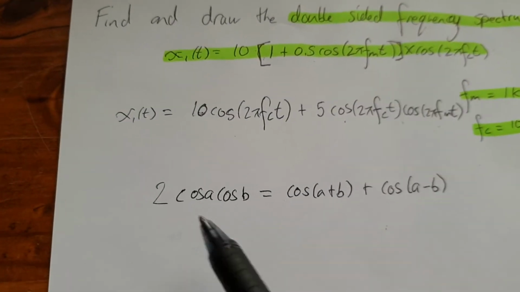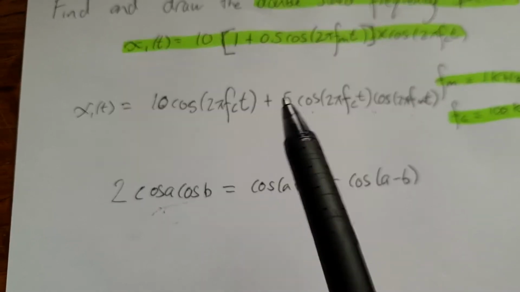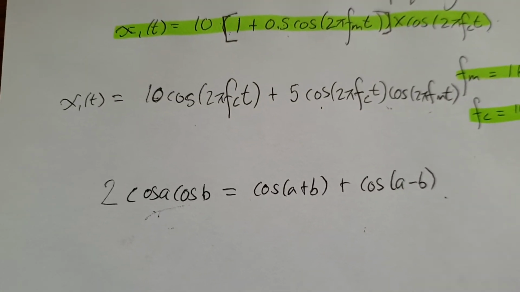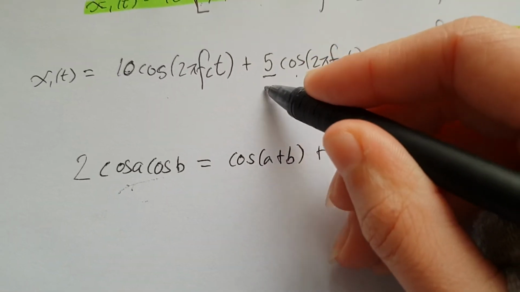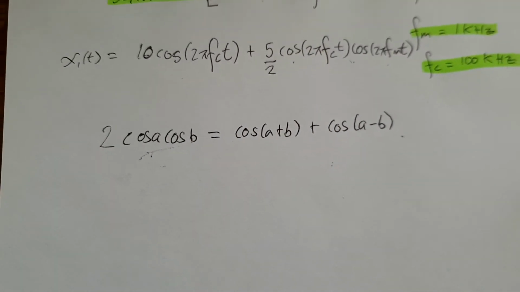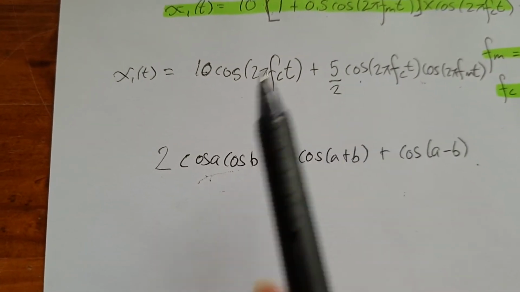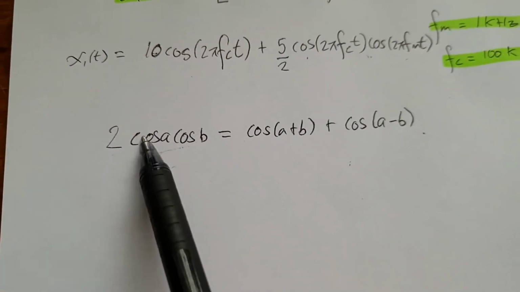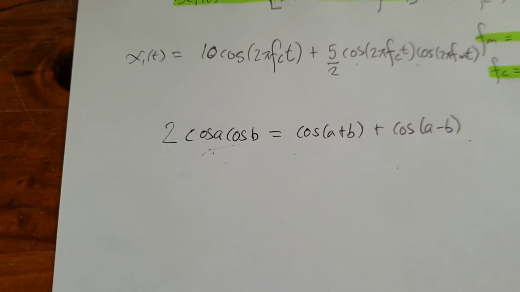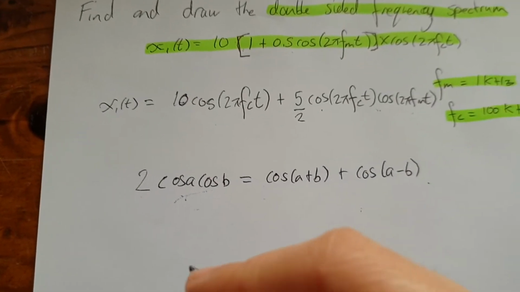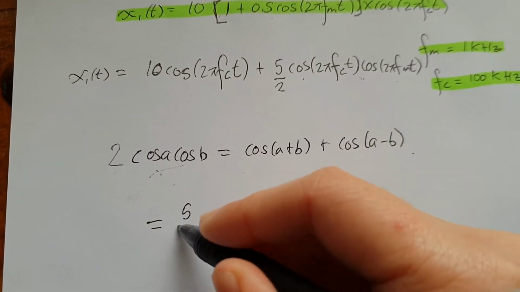To get it into this form, we first have to divide this section by 2, because our coefficient is not just 2, it's 5. Since the 2 becomes 1 here, you divide by 2. So let's write that now as 5 on 2.